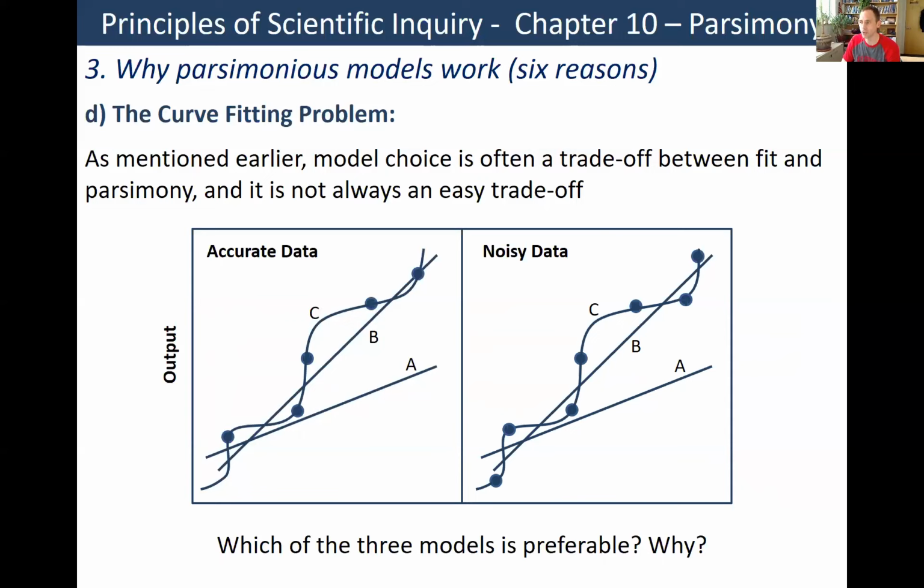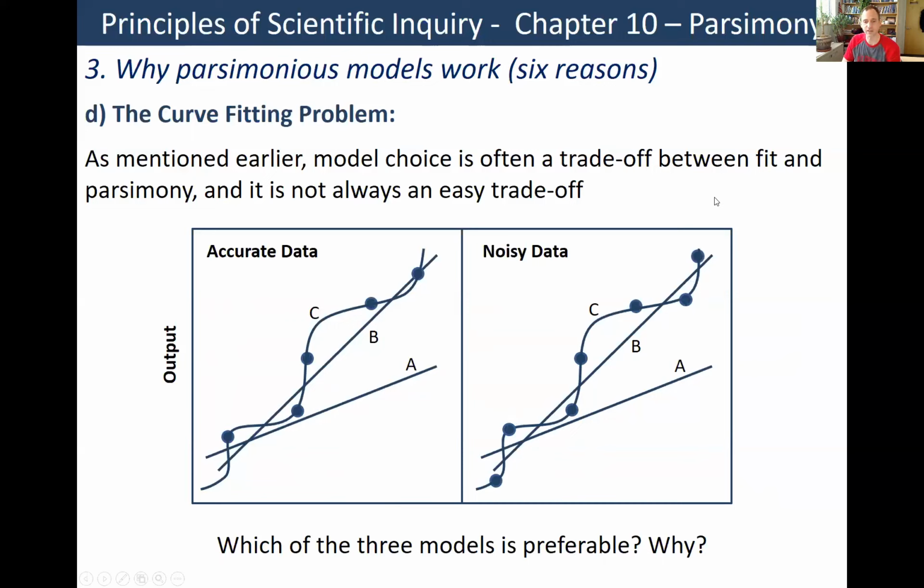And in fact, the simpler model B might be preferable on the basis of simplicity. The idea being here that it's closer to Occam's Hill in its level of simplicity, and therefore it's not capturing the noise, which would be the deviations from line B to these data points, and yet it is capturing a lot of signal here.